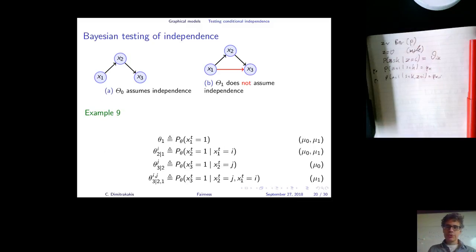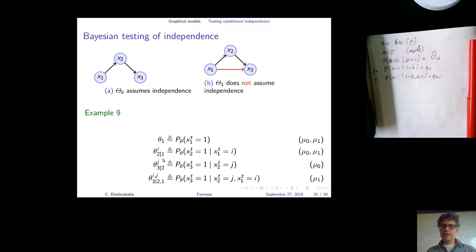So let's go through it one by one. The first one only has one parameter, theta1. It's common for both models: the probability of x1 taking the value of 1. This one here, x2, only depends on x1 for both models, so we just have another parameter.